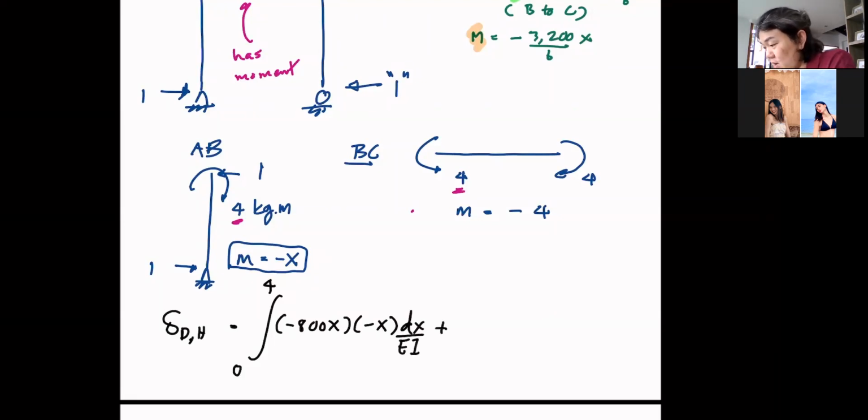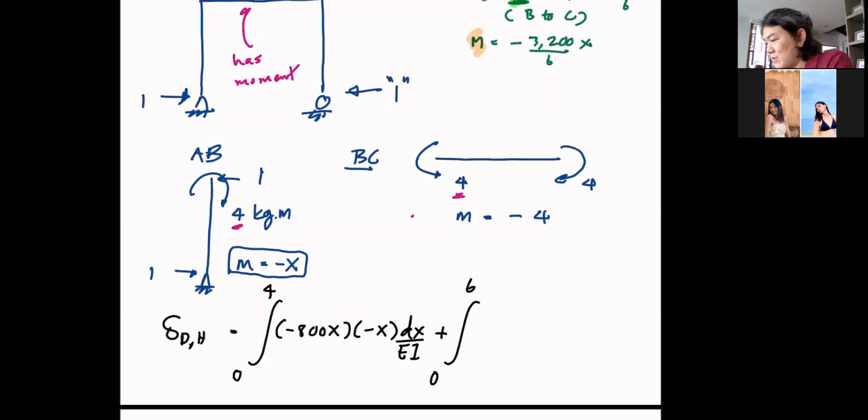And then the work of the second piece is from 0 to 6. And since they should be the same, I'm just going to use the easier one: minus 3200 over 6x multiplied by minus 4 dx over EI.